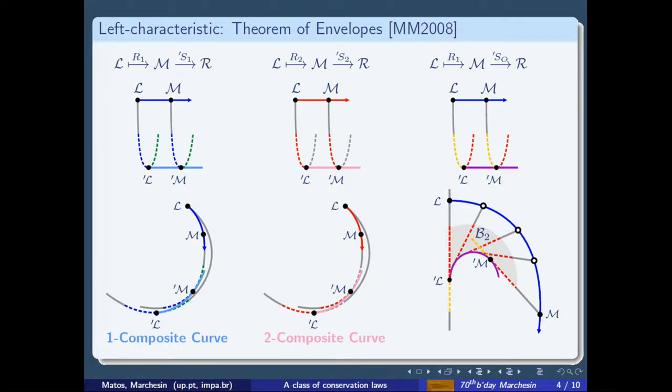We can only reach this part here that has a shadow, and this one is not possible to reach from there. Okay, and I call this configuration a basic two non-local solution.